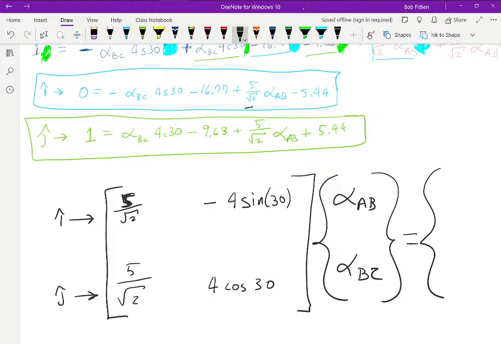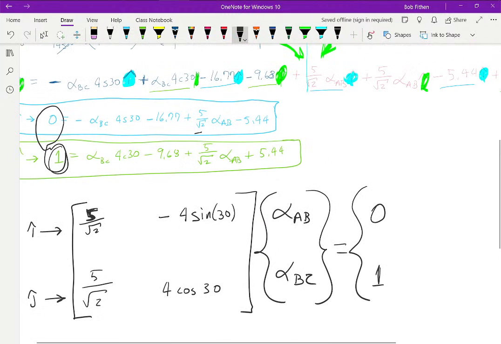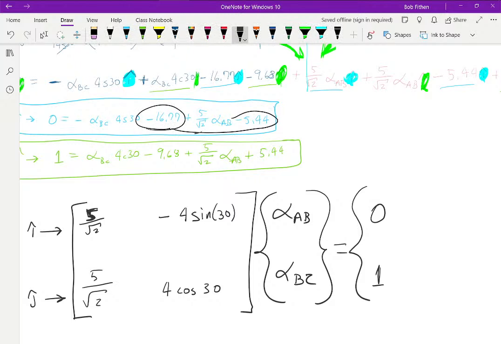Now, all the terms that sit on the other side of the equation. Well, at first you'd say it's 0 and 1 by themselves, until you realize, hey, wait a minute, this term and this term could be moved over there. So I'm going to move them over there. Plus 5.44, they change signs when they move over.